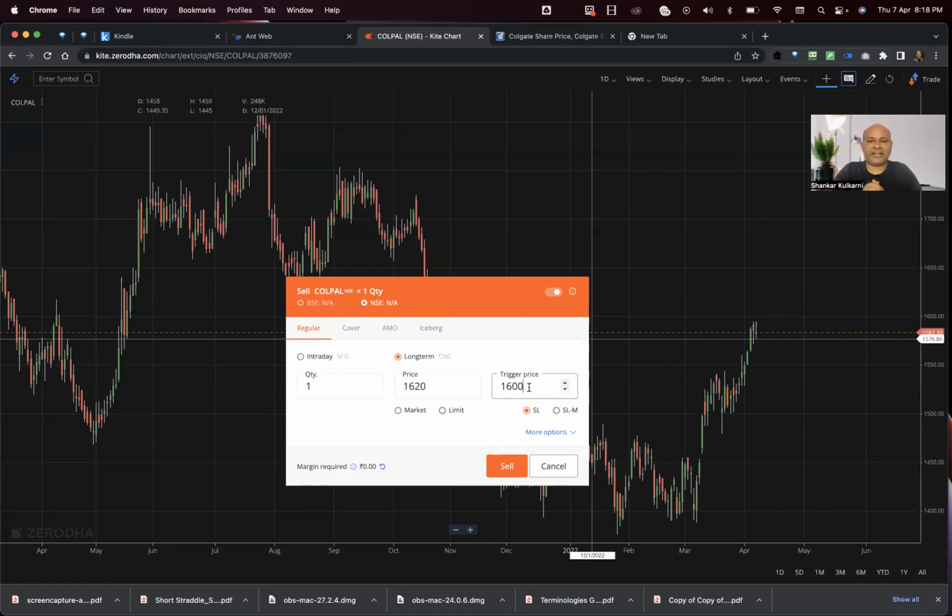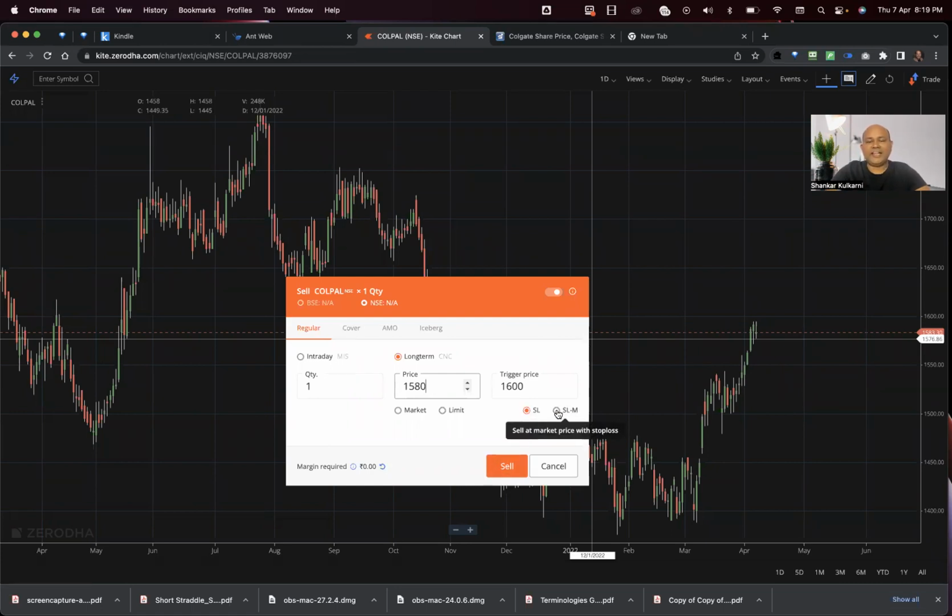So write this down: when you are choosing SL and buying, trigger price plus some points will be your price. When you are selling, trigger price minus some points will be your price. If this is clear, type yes in the comment box. So when you are selling, your trigger price minus some points, which in this case is 1580, and I click on sell.